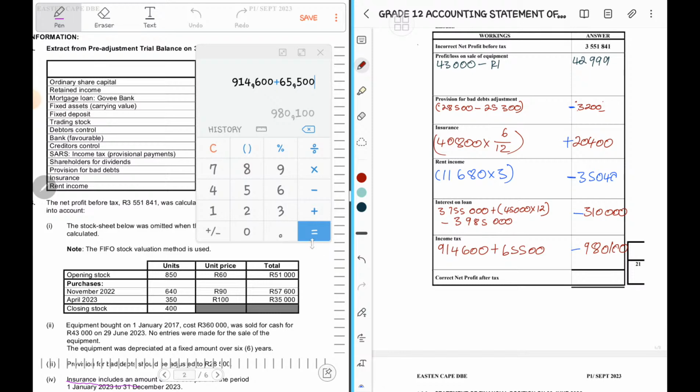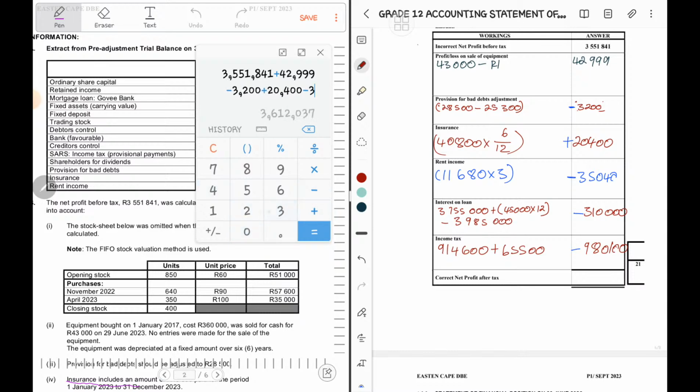So let's add everything up to find the correct net profit after tax. So correct net profit after tax will be 3,551,841. We add with the 42,999. Then we subtract the 3,200. We add the 20,400.